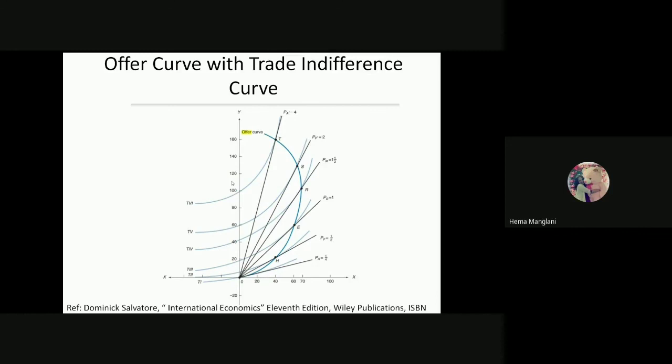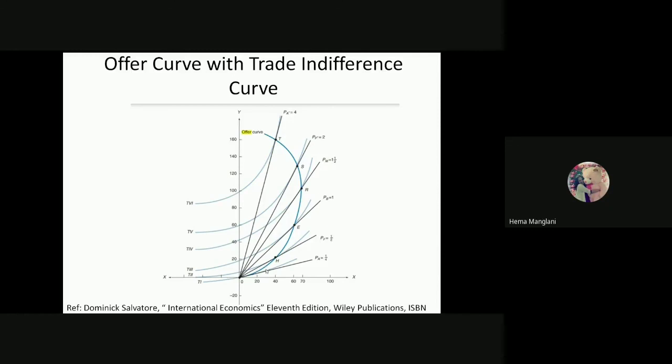We often follow the tangencies of the community indifference curve on the production possibilities, and within the country we say that yes, it is a point of welfare, and you are arriving at the optimal choice because it follows MRS equals MRPT, like Pareto optimality. Fine. So we are doing the same thing, but with the trade indifference curve approach.